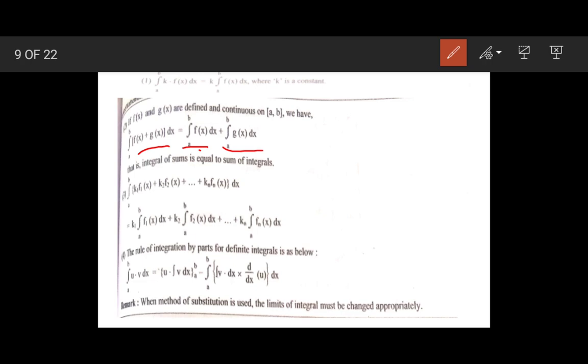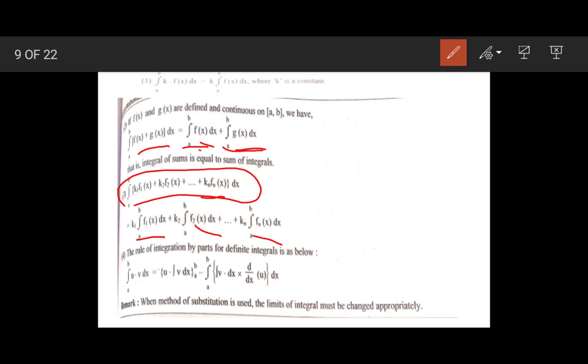Okay, so the integral from a to b of f of x dx plus the integral from a to b of g of x dx, and this rule can be applicable for any number of terms. Okay, suppose n terms are given, then we can find the integral individually for each term.